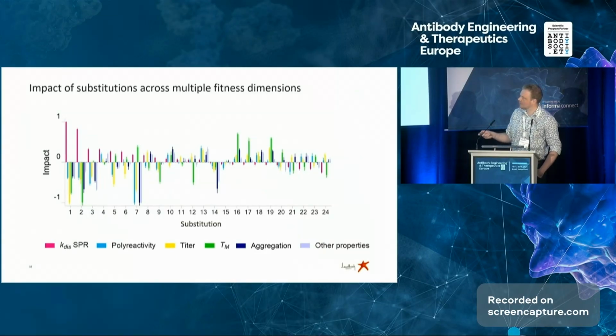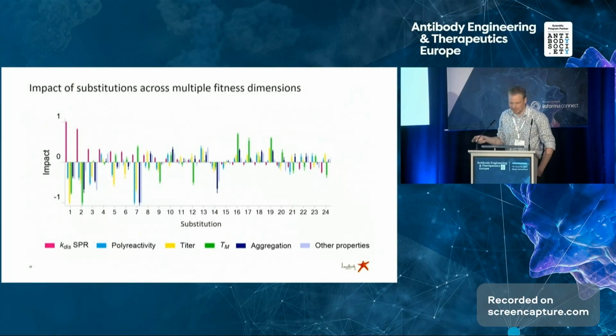What would have a good impact on the affinity from the SPR would be associated with a negative impact across the other parameters. So only a relatively few substitutions would actually have a positive impact on all of them.